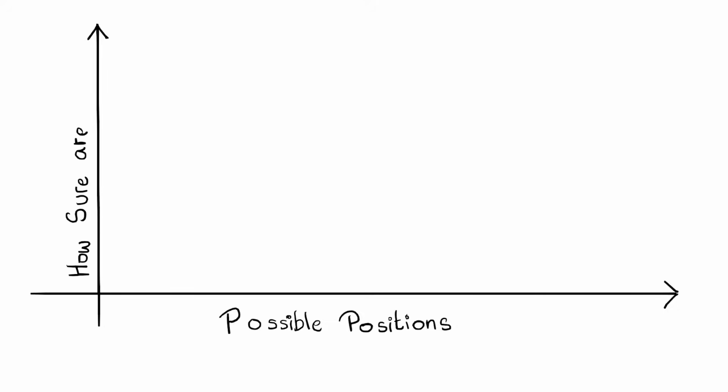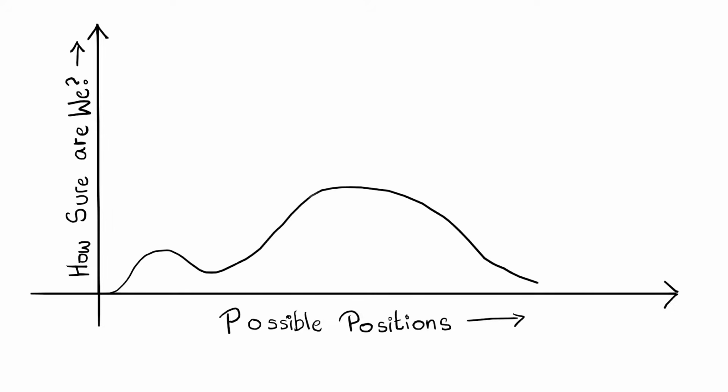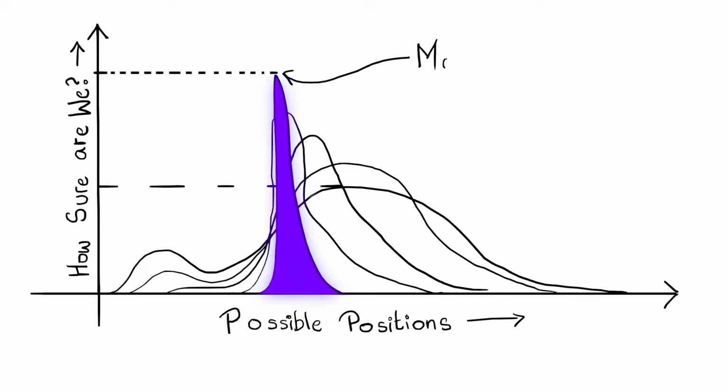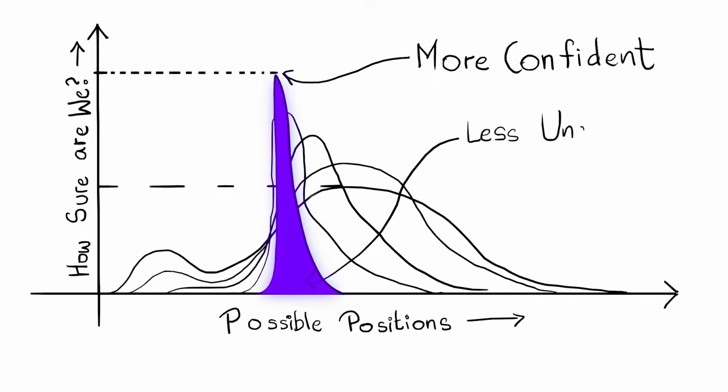If you imagine plotting that uncertainty, it's like having a curve that shows where the truth could be. The Kalman filter keeps adjusting that curve every time new data comes in. It narrows it, shifts it, and gives you the peak, which is the point that's most likely correct.